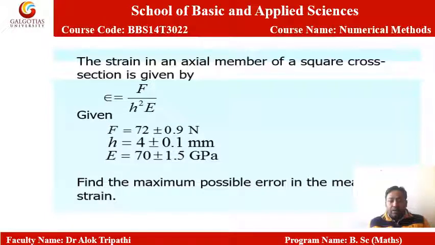These are the errors in these three variables F, H and E, and 72, 4 and 70 are the true values of these variables. We have to calculate the maximum possible error in the measured strain.